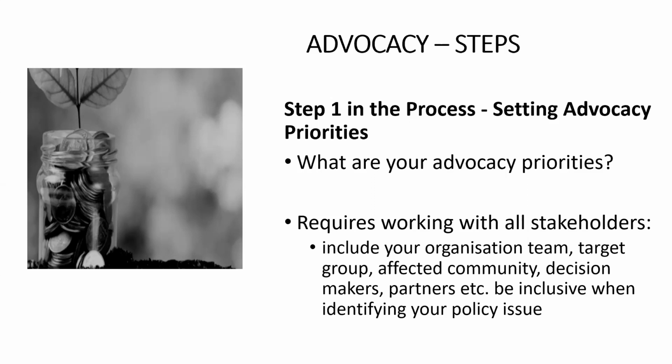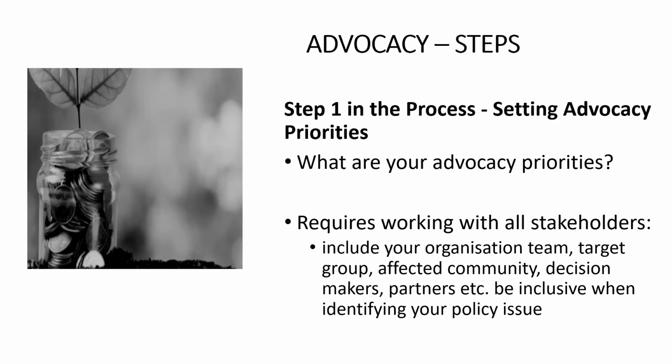I know some of the CSOs only have, in some cases, the majority of the work depending on one person. In which case, you can probably get together with some people who are working in the area and work with them to try to identify what some of those issues are. So definitely the organization, your team, your target group.